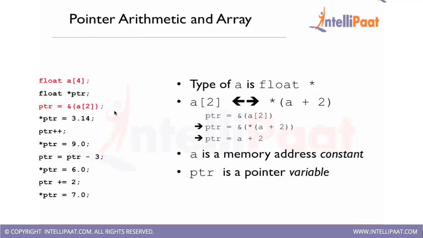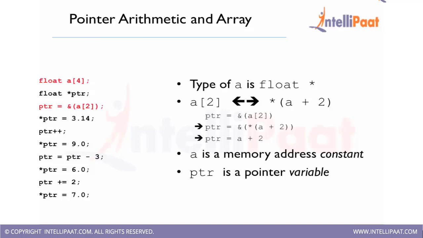Suppose I have declared an array as a of 4. Then a is termed as a pointer to the starting location of the array. So a of 0 is nothing but star of a. a is the address at which our array starts.